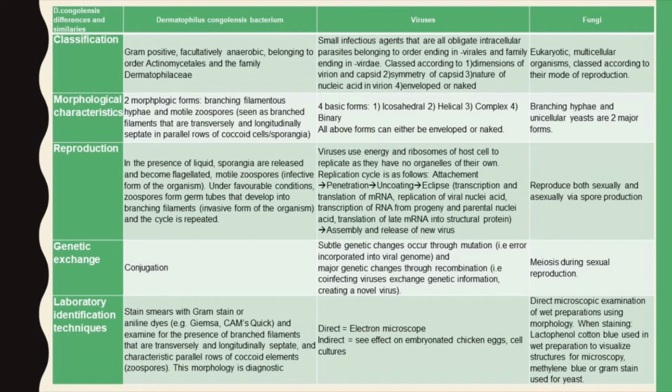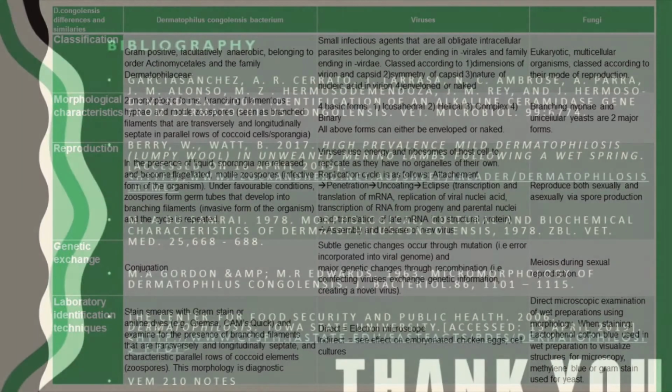Fungi can be directly visualized through examination of wet preparations under a microscope. And when using staining, you can use lactophenol cotton blue for wet preparations and methylene blue or gram stain for yeast.